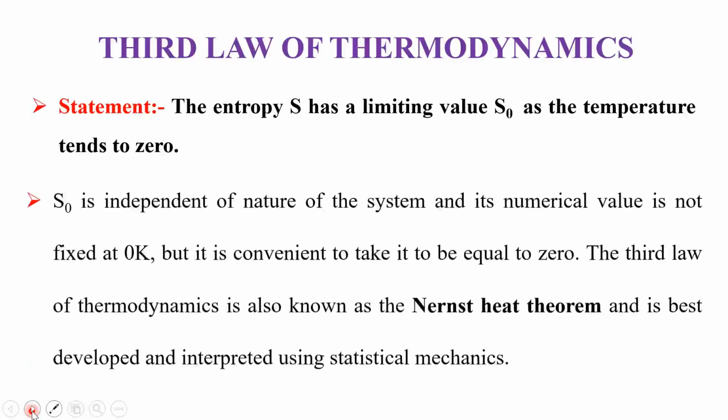S0 is independent of the nature of the system, and its numerical value is not fixed at 0 Kelvin, but it is convenient to take it to be equal to 0. The third law of thermodynamics is also known as the Nernst heat theorem and is best developed and interpreted using statistical mechanics. That is the third law of thermodynamics.